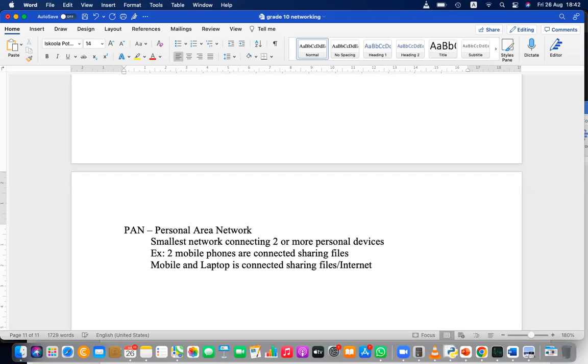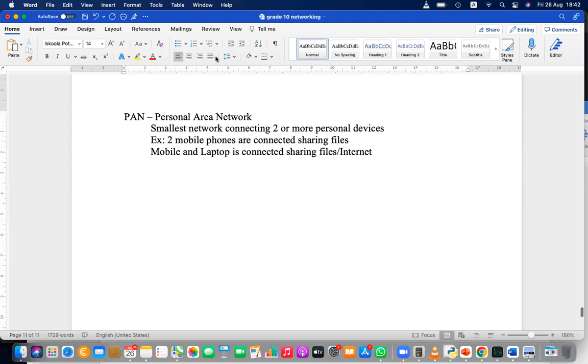These are PANs, but this is not given in your books. It doesn't matter. For your examination, you can write LAN as the smallest network. If PAN and LAN both are there, PAN is the smallest, but in your answers PAN will not be given.